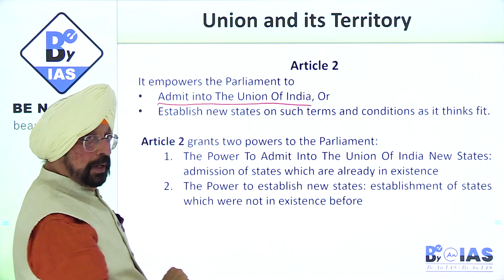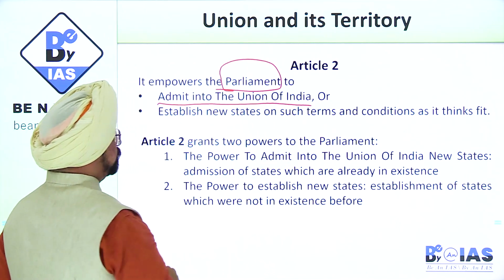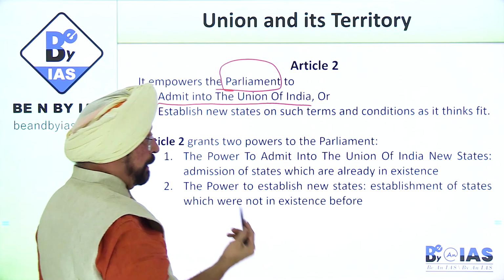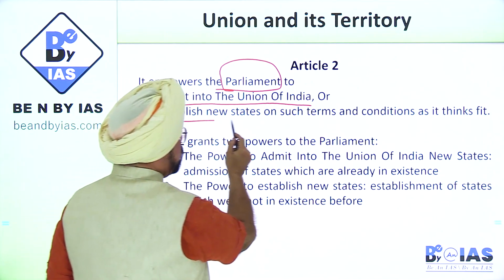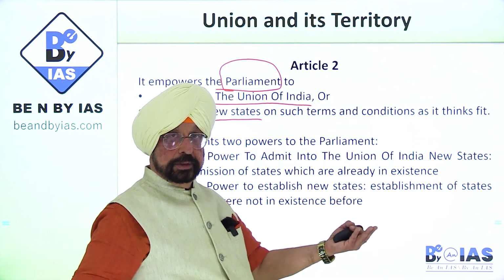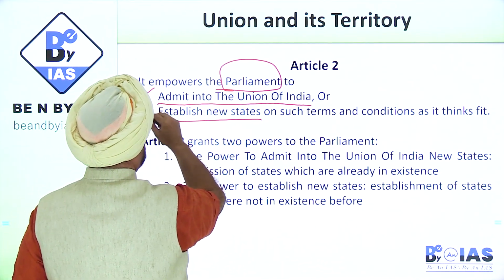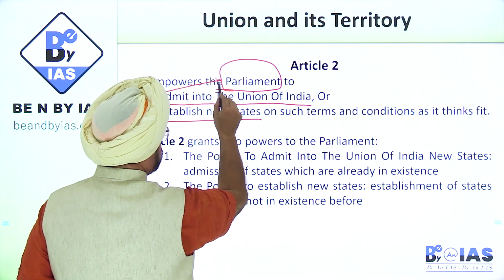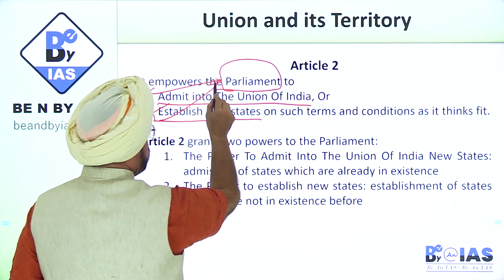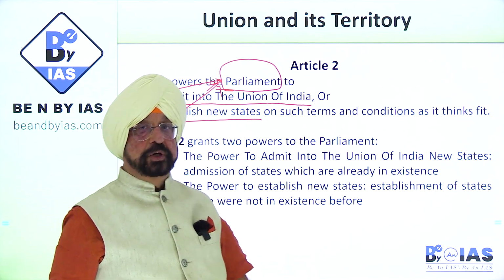Who has got that power? That power lies with the Parliament. Or establish new states on certain conditions. So these two powers have been given to the Parliament: admit new territories and establish new states.